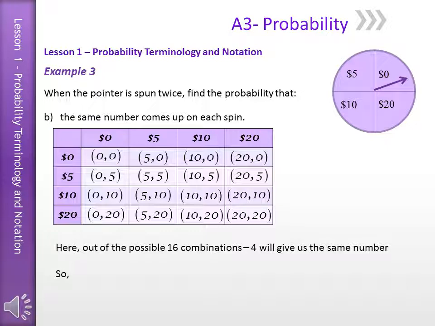So we are now looking for the two spins that give us the same numbers. So here we can see it's 0, 0, 5, 5, 10, 10, and 20, 20. So out of the possible 16 combinations, 4 will give us the same number. So the probability of the same number is 4 out of 16, which can be reduced to 1/4.